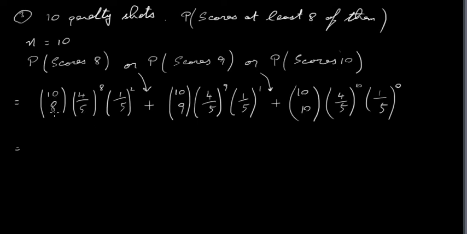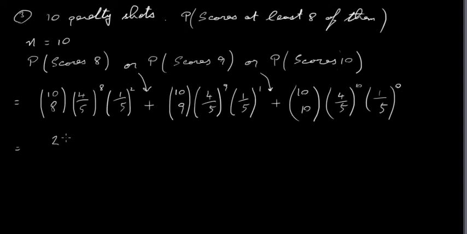You do 10 choose 8, then 4 over 5 to the power of 8, so 4 to the power of 8 on top, 5 to the power of 8 on the bottom, 1 to the power of 2 and 5 to the power of 2. Then you multiply all the numerators, multiply all the denominators, and you get the following numbers. You can take my word for it. I'm not going to go through the calculations. You should be able to do those calculations at this stage. So you get some fairly big numbers.